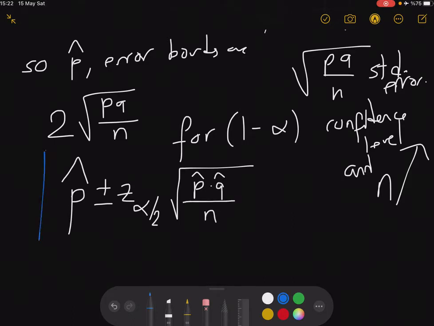So you can write this comfortably and use it for estimation.